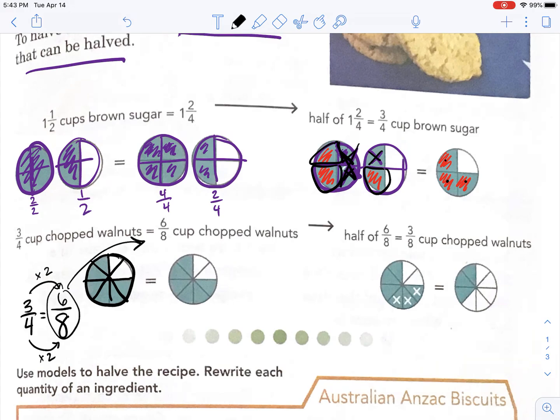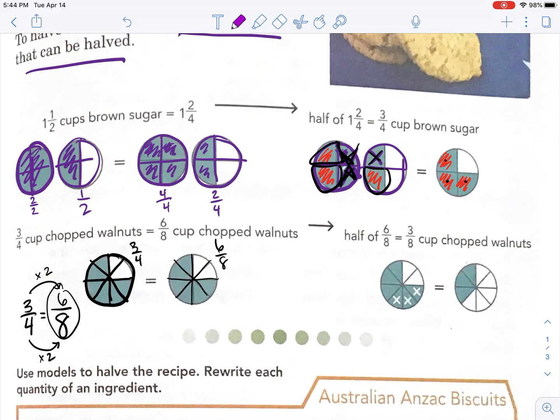Now let's look at our picture again. We cut it into eighths. Do you see that they've already done that for us? They're just showing you that 3/4 equals 6/8. Okay, so now that we have 6/8, do you see it right over here? Now that we have 6/8, we can cut them in half.